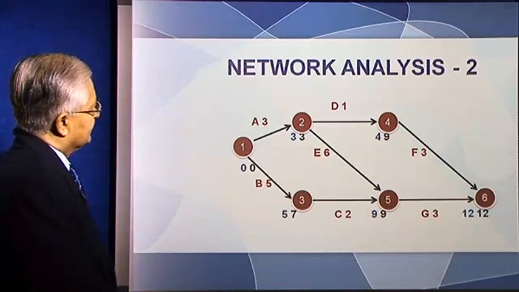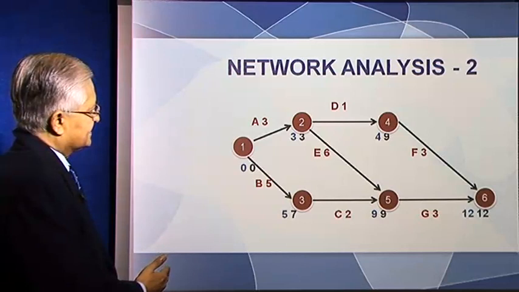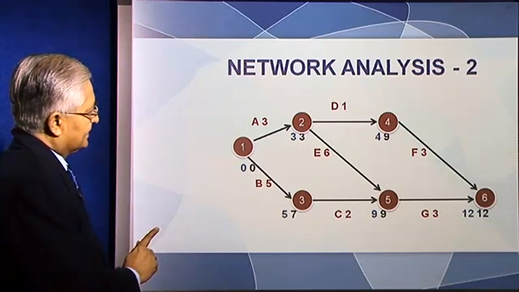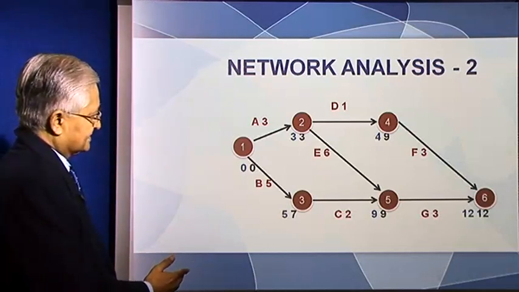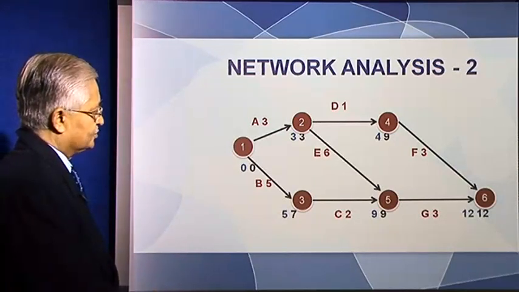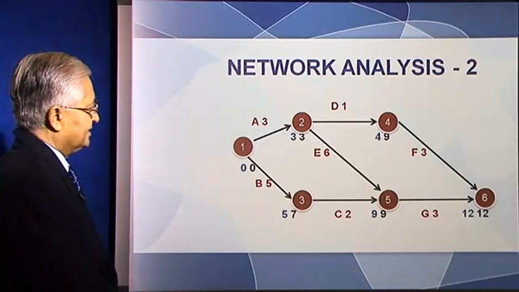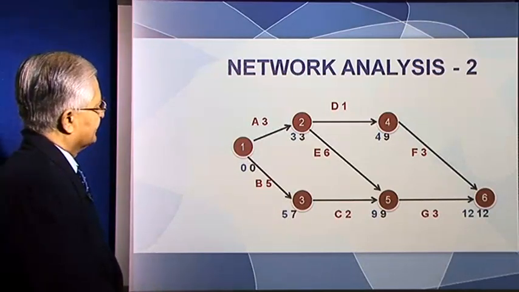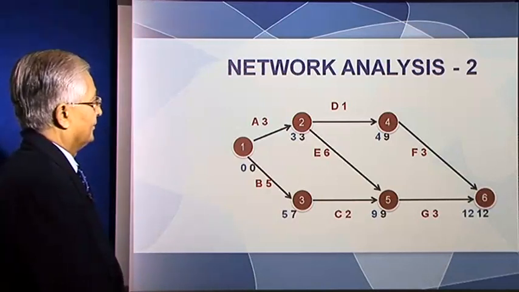In the same way, B, which takes 5 months, therefore, when do we reach circle 3? In 5 months. So the blue number at circle 3 shows the earliest time when we can reach circle 3, which is 5 months. Now let's look at circle 4.